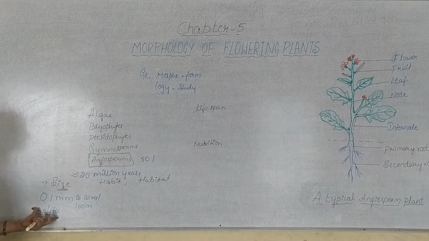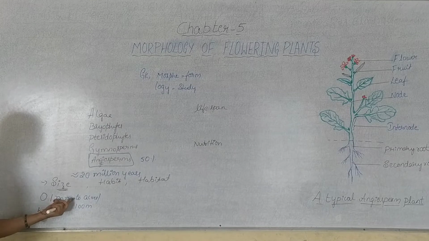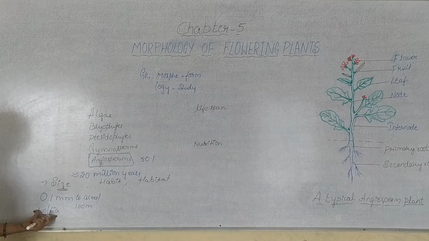Wolffia is the smallest angiosperm, whose diameter is 0.1 millimeters, and it is a rootless aquatic plant.